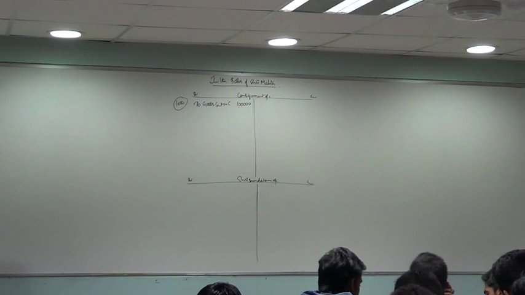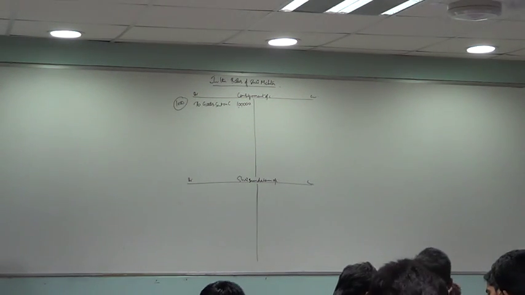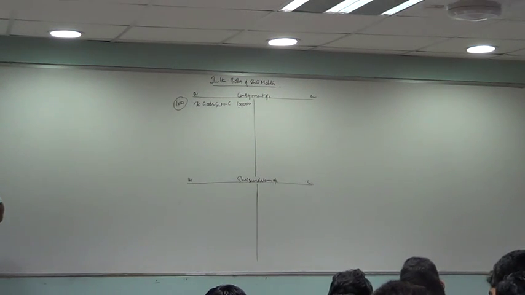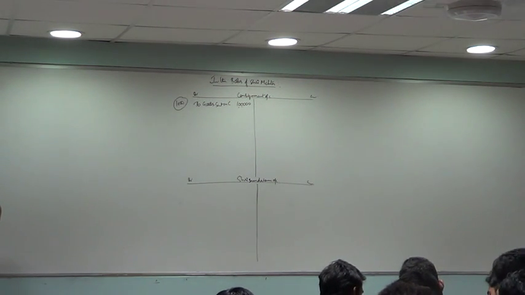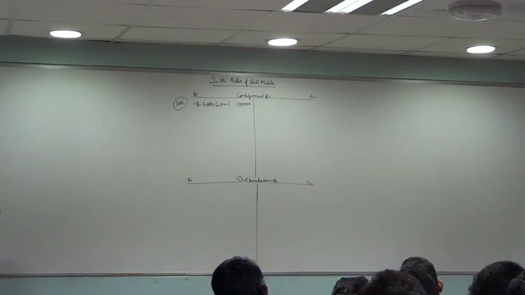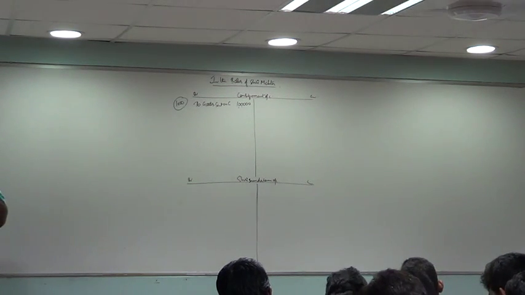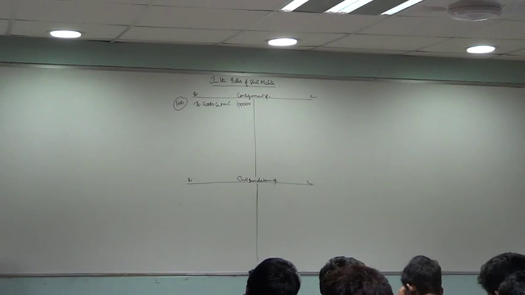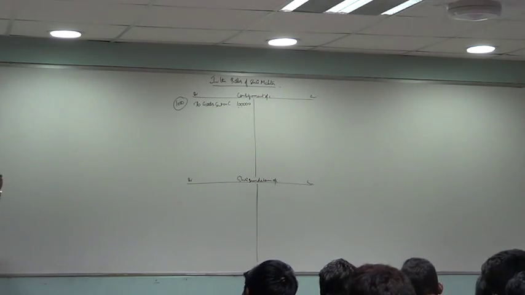Next, Sri Mehta pays the following expenses in connection with consignment: carriage 1,000, freight 3,000, loading charges 1,000. Add all those three expenses, 1,000 plus 3,000 plus 1,000. Totally it is 5,000.